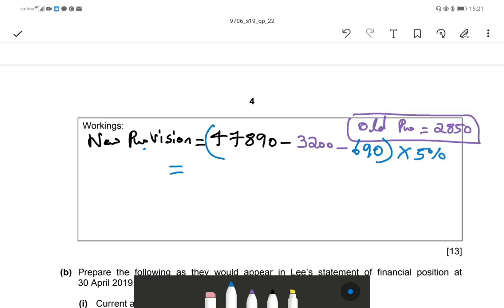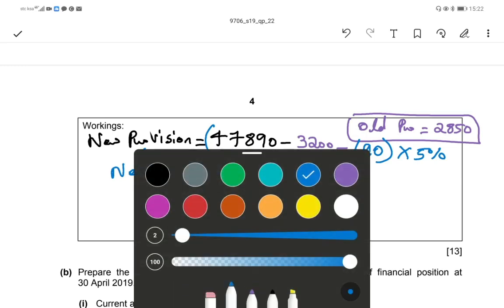The amount is how much, children? 2,200 is the amount of the new provision. So in the income statement, we check the difference between new provision and old provision.